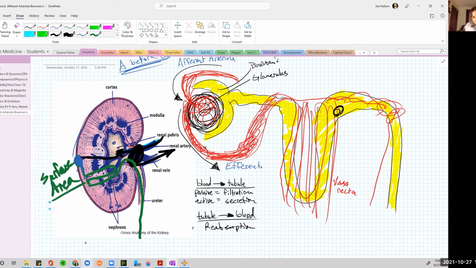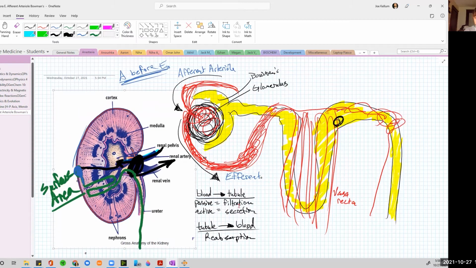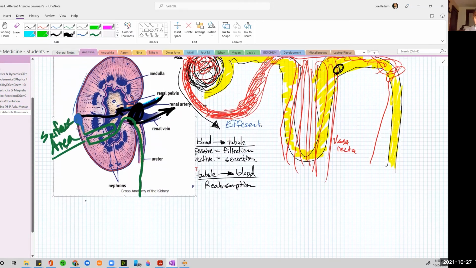Okay. So I just wanted to show you how the macroscopic and microscopic kidneys line up with one another, because I think that helps you see where everything's coming from and going to, and the fact that it's continuous with the ureter. All the stuff in the kidney ultimately collapses down, and so you get these things.